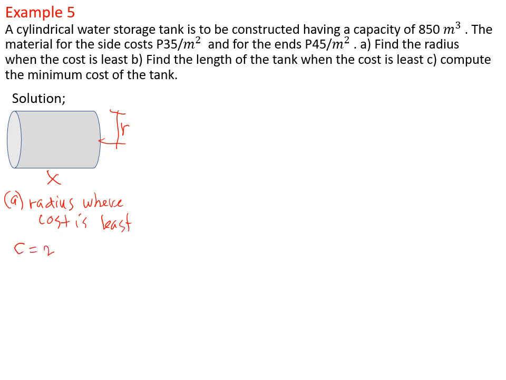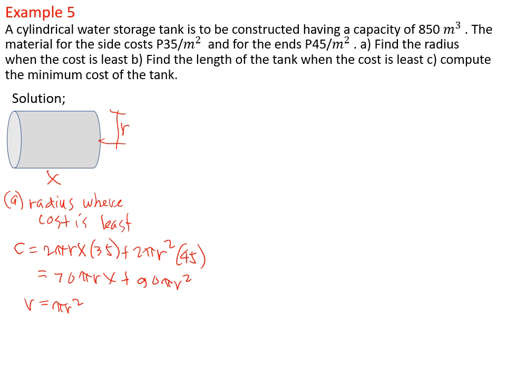C equals 2 pi r x times 35 plus 2 pi r squared times 45, equals 70 pi rx plus 90 pi r squared, and volume equals pi r squared x, or 850 equals pi r squared x.